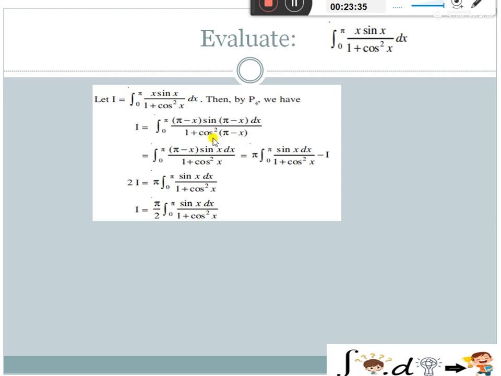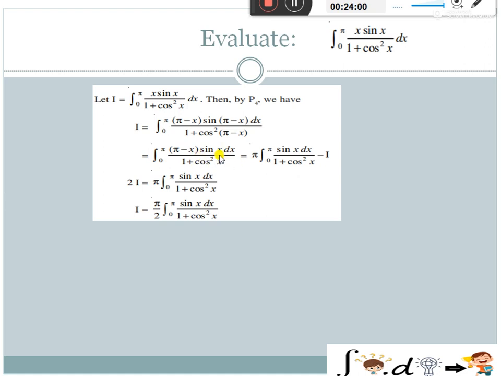That means we have minus cos x, but the square is there, therefore we write 1 plus cos square x. Therefore we convert it into two parts: 0 to pi pi sin x dx upon 1 plus cos square x, minus 0 to pi x sin x upon 1 plus cos square x dx.